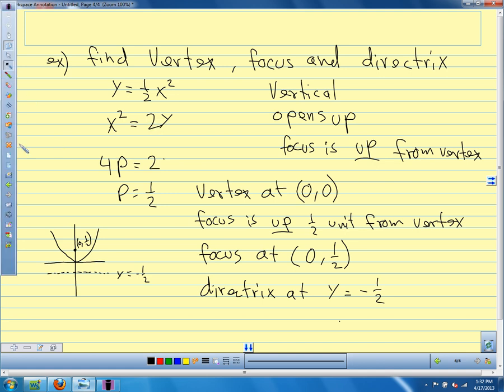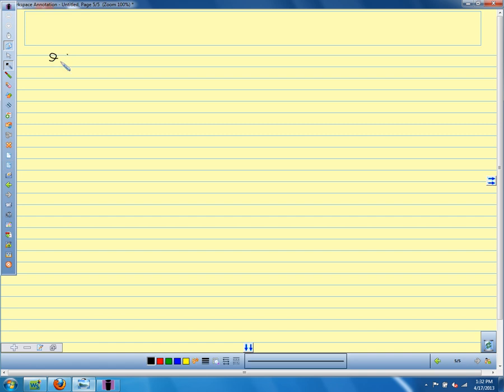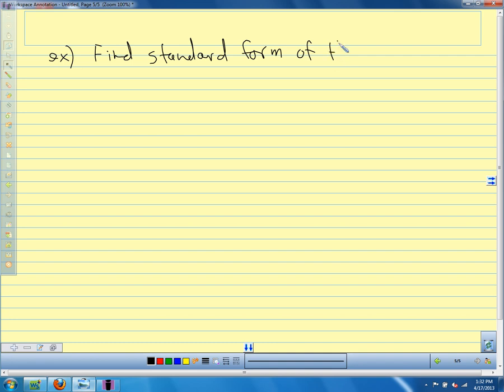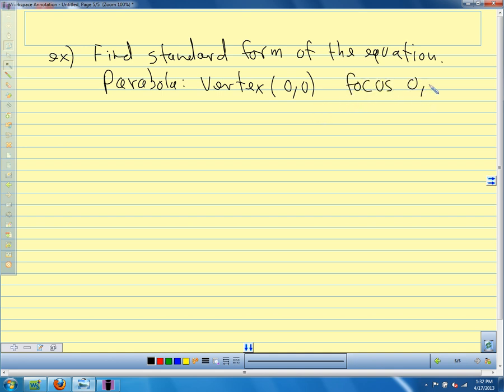All right, let's look at another example. We want to find the standard form of the equation, and our parabola has a vertex at 0, 0 and the focus at 0, negative 2.